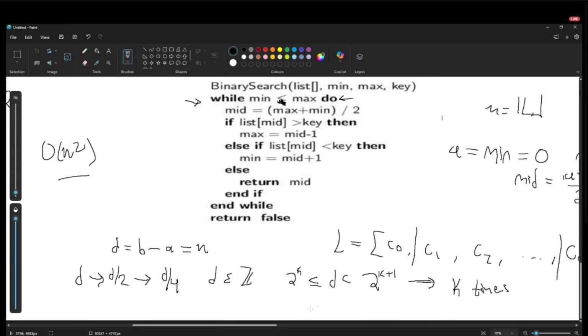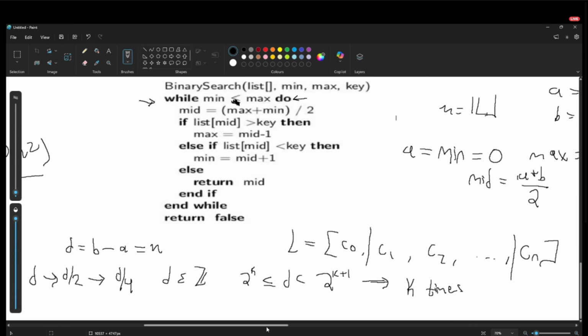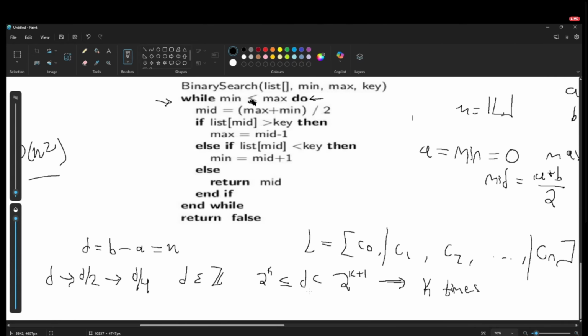Now, d is n in the beginning. So we want to find the number k such that n sits between 2 to the k and 2 to the k plus 1.